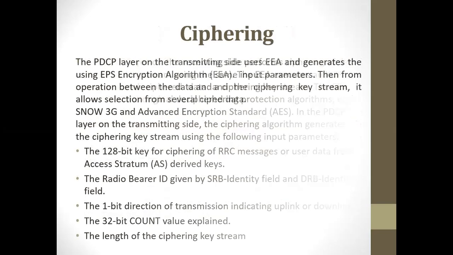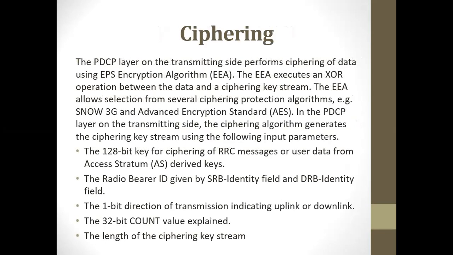Let me jump to this slide. That stream is generated using a number of things. One of them is the KENC. See here, we have listed 5 things at the bottom. The first one is KENC that we have just talked about.